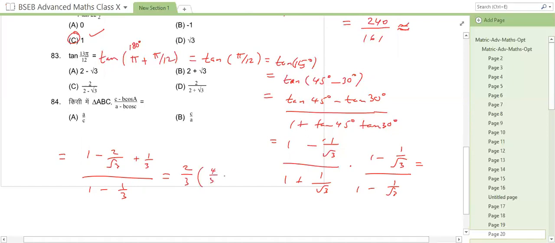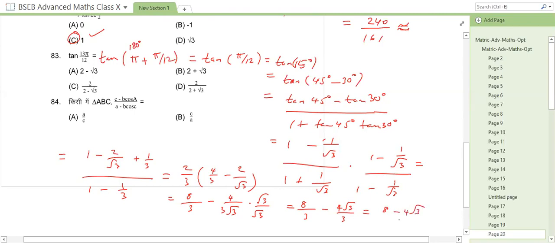Which is equal to 2 over 3 into 4 over 3 minus 2 over root 3. Let's see, 2 times 4 is 8 over 3 minus 4 over 3 root 3. If I multiply this by root 3 over root 3, I'm going to get 8 over 3 minus 4 root 3 over 3, so 8 minus 4 root 3 over 3.